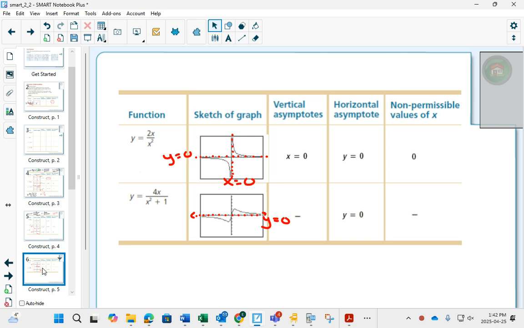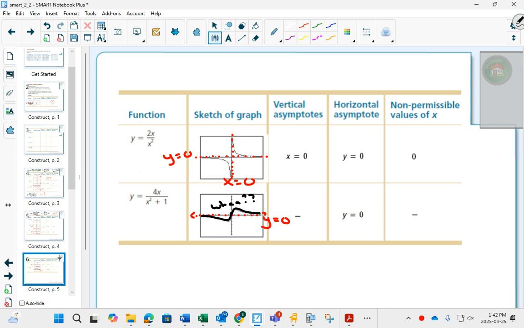Next, weird thing about horizontal asymptotes as compared to vertical asymptotes. Vertical asymptotes happen at non-permissible values. And your graph can never, ever, ever go through a vertical asymptote. But horizontal asymptotes just tell you stuff at the extremes. And sometimes, like this graph here, sometimes the graph goes through a horizontal asymptote in the middle.